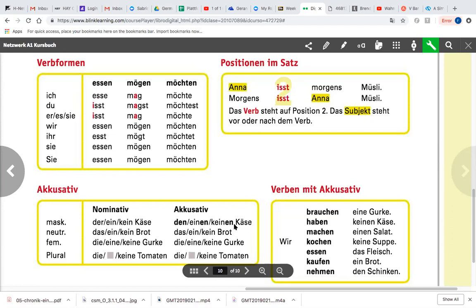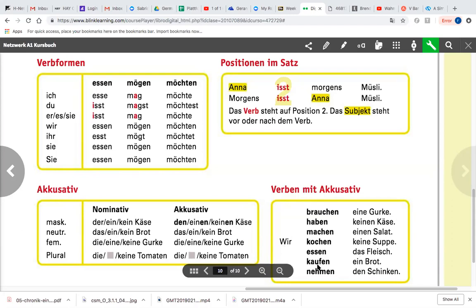The Akkusativ is the noun in a sentence that is the direct object. The direct object means it is the person or thing that is being acted upon. So the subject is the actor, the verb describes the action, and the Akkusativ is the direct object that is being acted upon. So for instance, let's use kaufen.